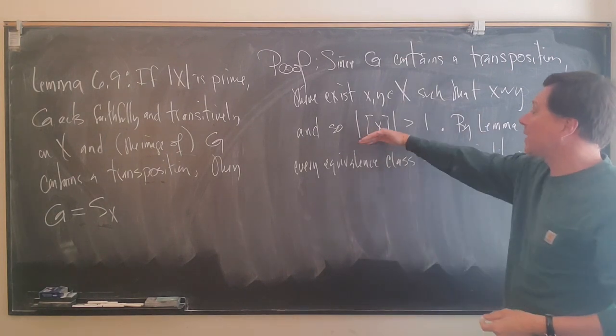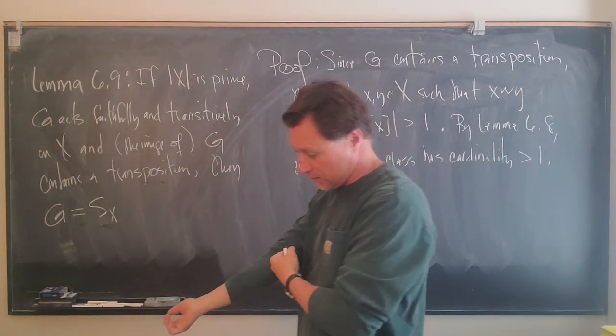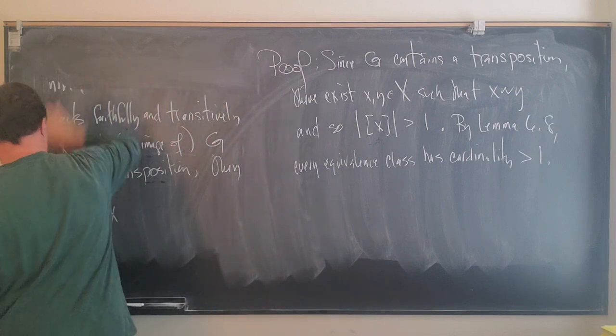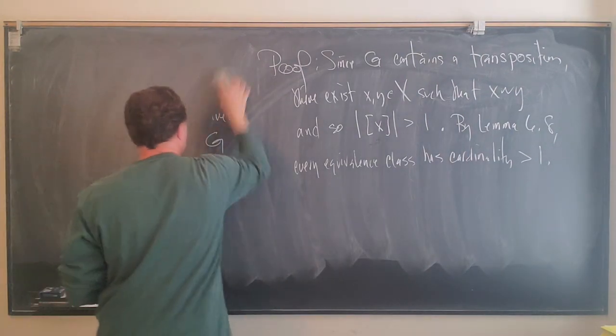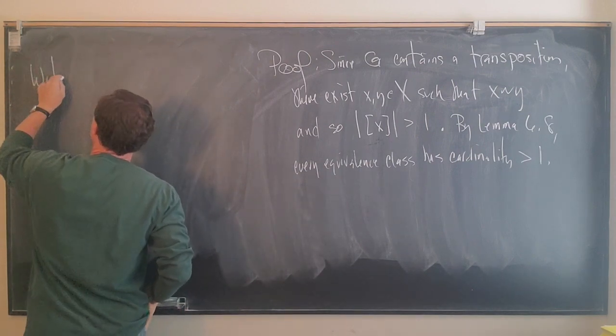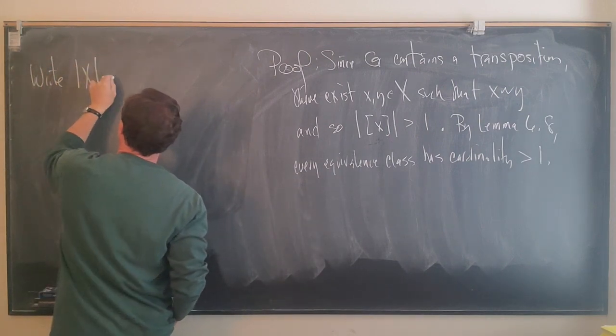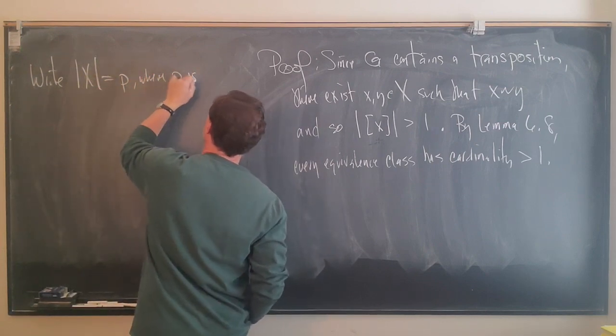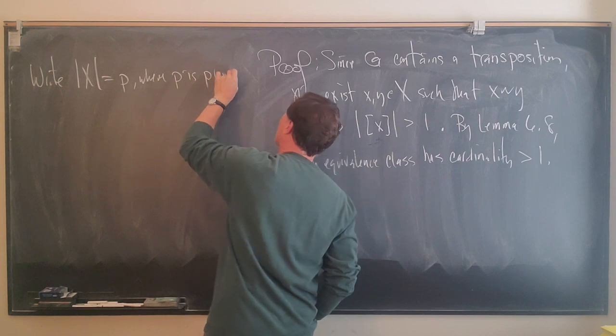They've all got to have the same cardinality as the equivalence class of x. Now, we know that the cardinality of X is prime, so let's write the cardinality of X equal to p, where p is prime.